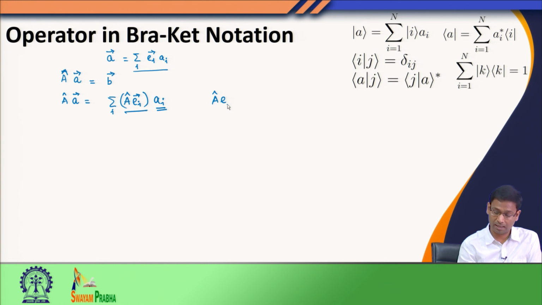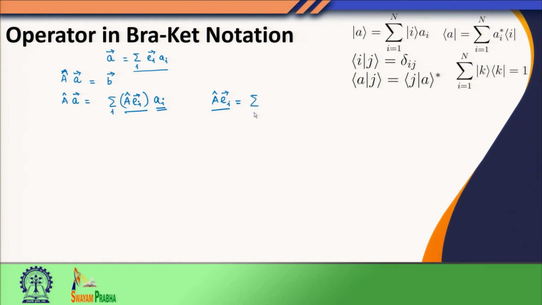So, let us first see how we can express this new vector A e_i. This is a vector in the same Cartesian space. Now, I know that these e_i form a complete set. What does that mean? That means any arbitrary vector can be expressed in terms of these unit vectors. So, I have this new vector which is an arbitrary vector for my purpose. Now, I want to express it in terms of the unit vectors.